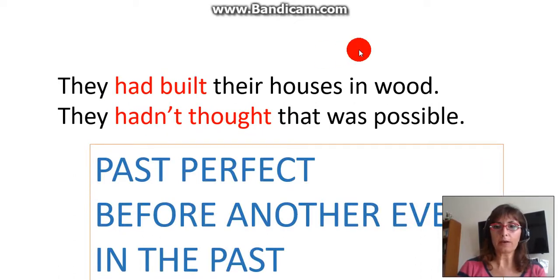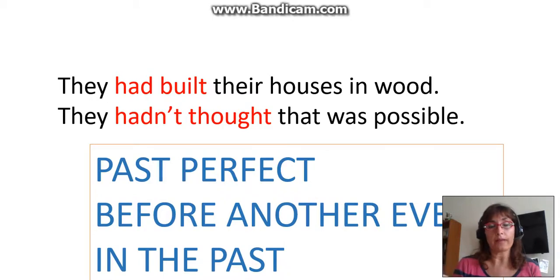They had built their houses in wood. At the moment of the fire, no, they had built the houses perhaps 1 year before, 2 years before, 3 years before the action of the fire. They hadn't thought that was possible. Of course, they hadn't imagined the fire, but that was before the fire. When the fire broke out, of course, they could imagine.